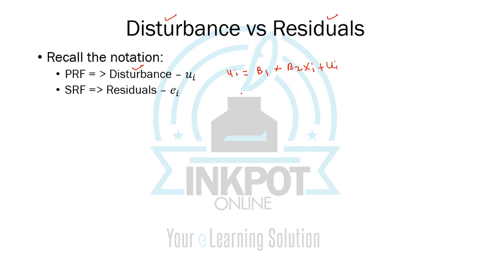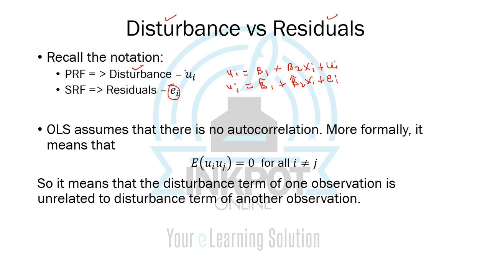Okay. When we estimate these two parameters, we get what is known as a sample regression function, and the estimated error term in this model is called the residual, and it is represented by this term ei. We'll be using these notations, so it's very important to have them clear right in the beginning. The OLS model assumes that there is no autocorrelation.